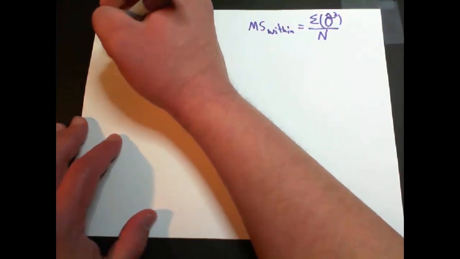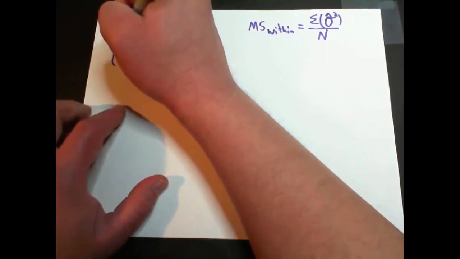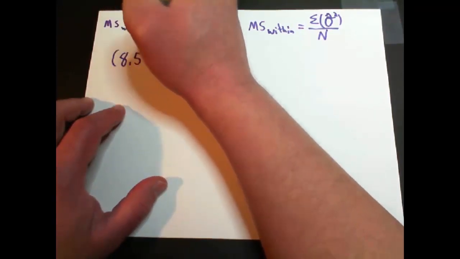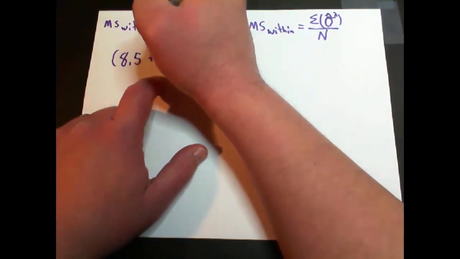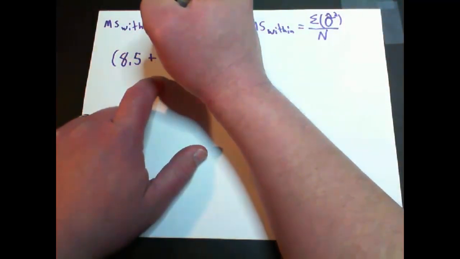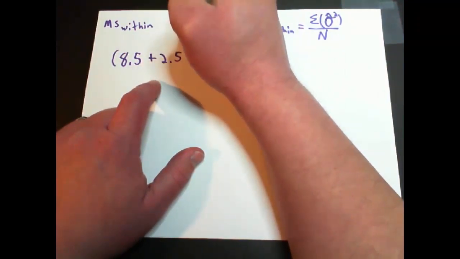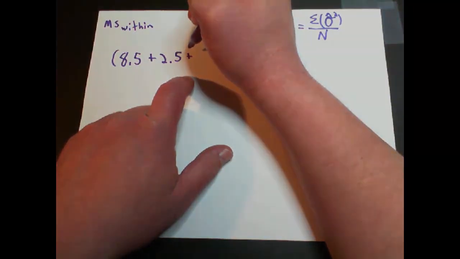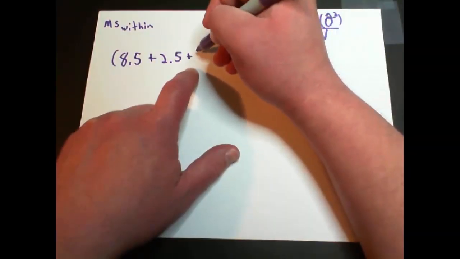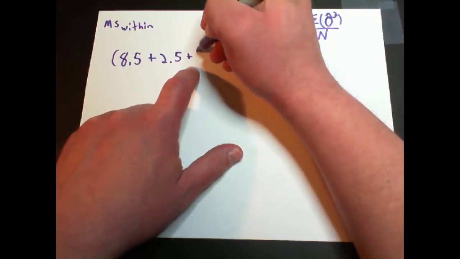So for the placebo group, the variance was 8.5. For the CBT group, the variance was 2.5. And for the psychoanalytic group, the variance was 2.